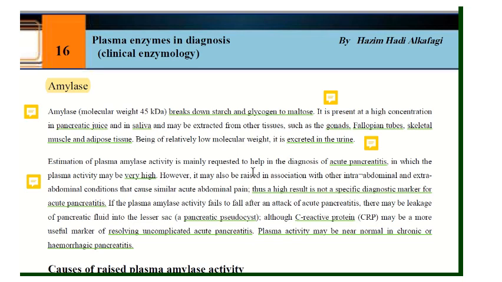The plasma activity may be near normal in chronic or hemorrhagic pancreatitis. إذن في حالة الكرونيك أو الهيموراجيك pancreatitis فالبلازما activity للأميليز ربما تكون near normal.